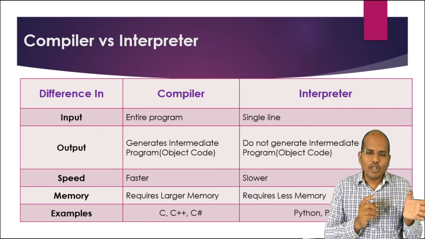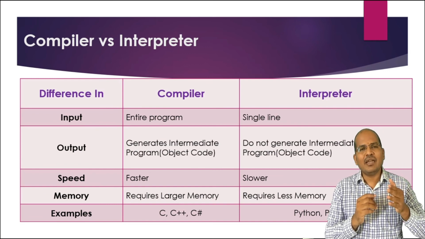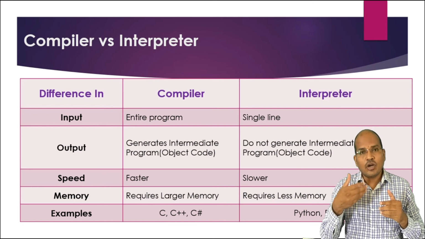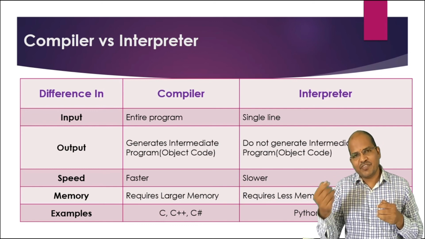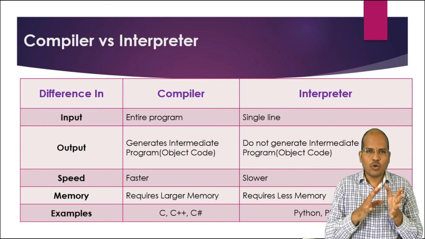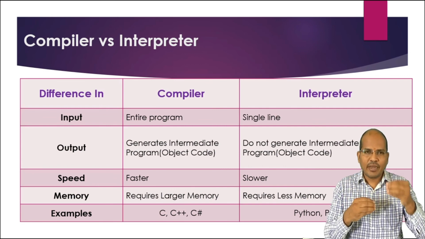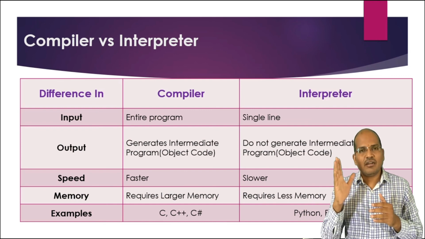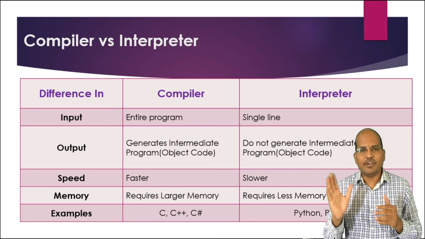Now coming to the output, a compiler generally generates an object code, whereas an interpreter does not generate an object code, it generates an EXE file directly. We'll see what object code is in detail, but for now keep in mind that a compiler generates an intermediate code, whereas an interpreter does not generate an intermediate code or intermediate file.